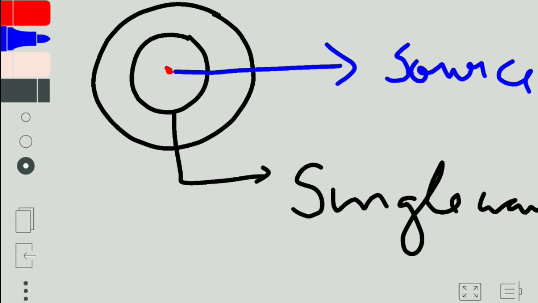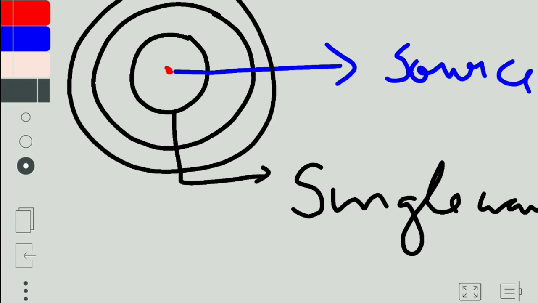If the source is not moving, we have waves generated equally in all directions. For example, take a speaker: when you play music, since the speaker, which is the source, is stationary, the waves get equally generated in all directions. That is the case when the source is stationary.